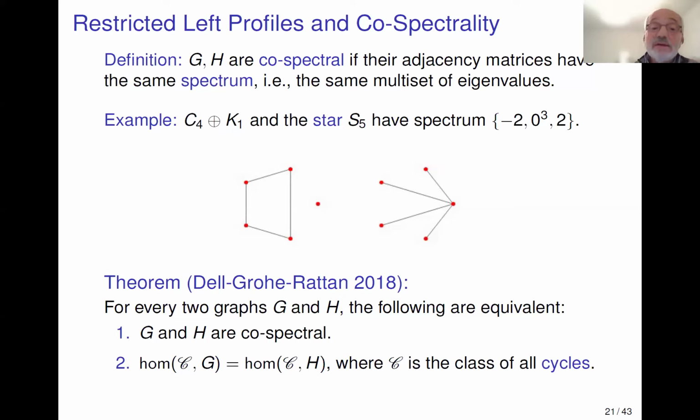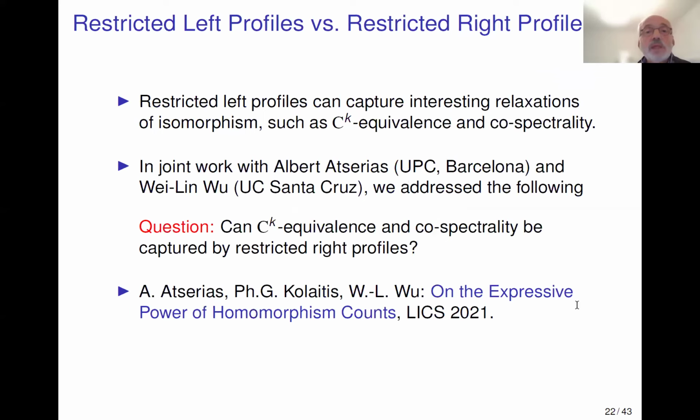So here is another fundamental equivalence relation on graphs, cospectrality, which can be captured by left profiles. So what have we seen so far? We have seen that restricted left profiles can capture interesting relaxations of isomorphism, and we saw two such examples, C^k equivalence and cospectrality. There are many more. I will discuss one more later on.